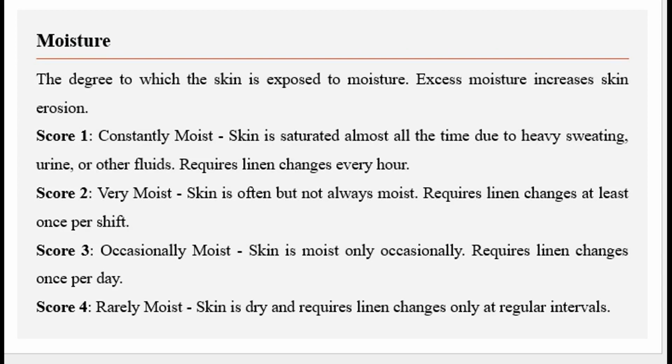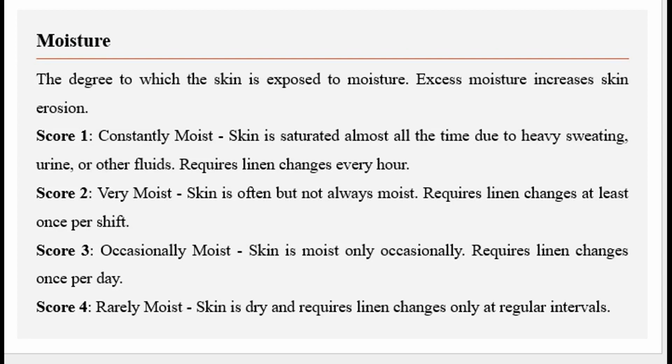Score 1, constantly moist. The skin is saturated almost all the time due to heavy sweating, for example during fever. If some patients have continuous fever, heavy sweating will be there. And sometimes, as I told you, the patient passes urine in the bed.